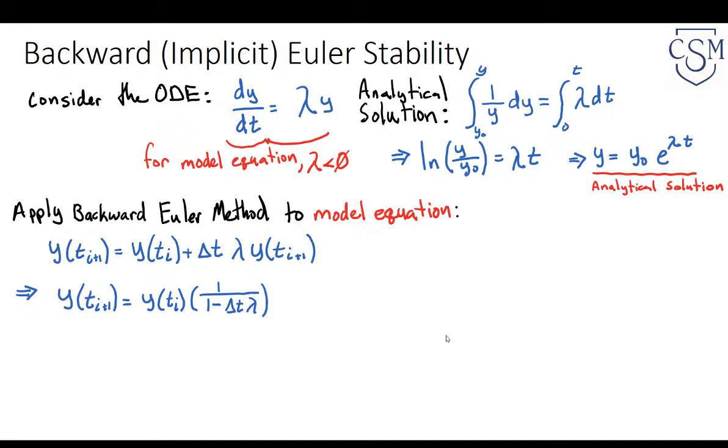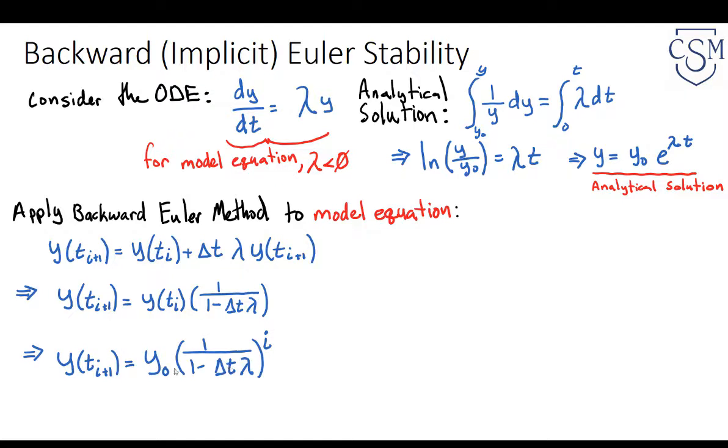We can rearrange this equation, and solving for y of ti plus 1, we can say that it's equal to y of ti times 1 over 1 minus delta t lambda. And we can say more generally that y of ti plus 1 is equal to y of t0 times this amplification factor raised to the ith power.